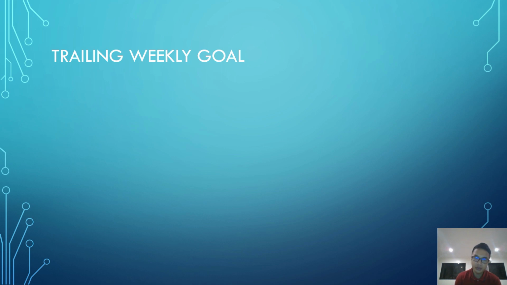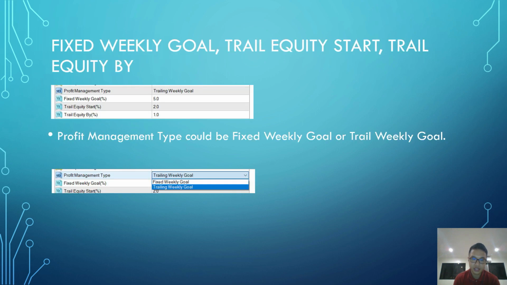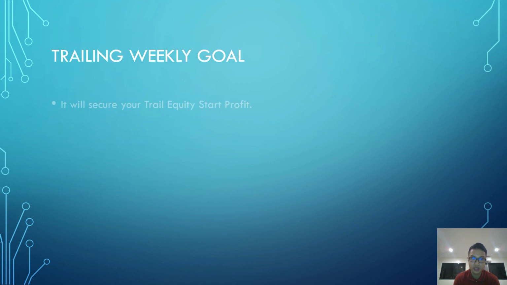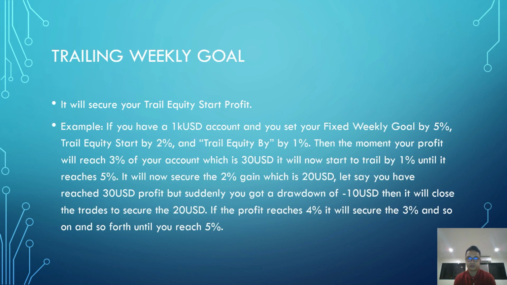So trailing weekly goal will secure your trail equity start profit. So it means that at a certain percentage that you set, it will start to trail. But the moment you have a drawdown less than the secured profit, it will cut the losses.